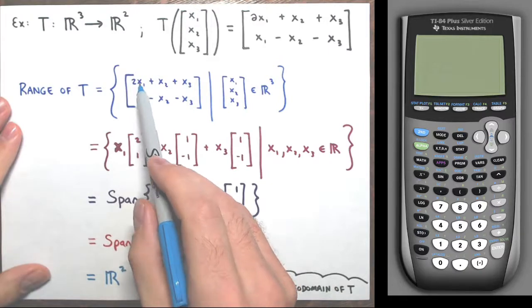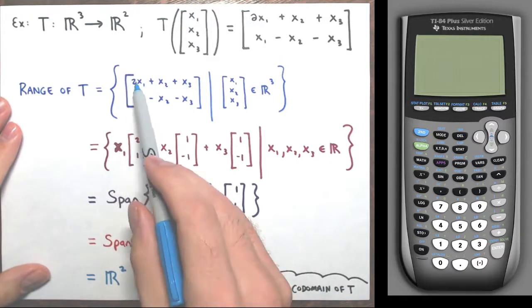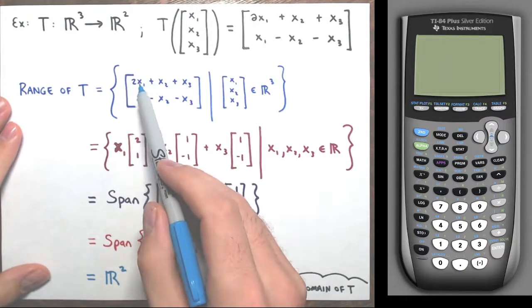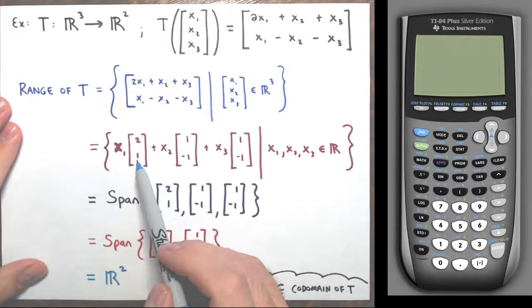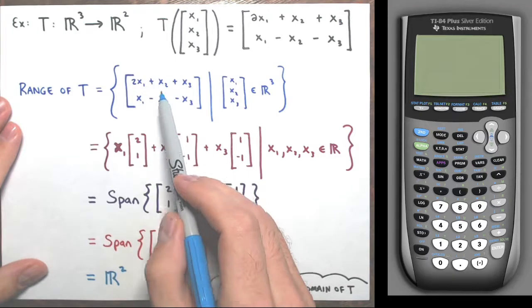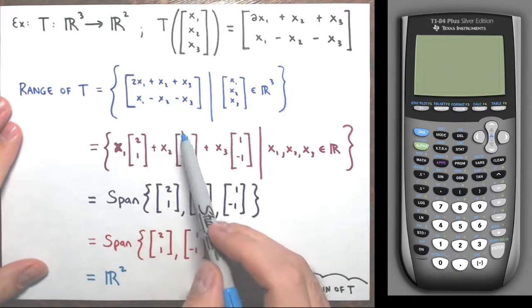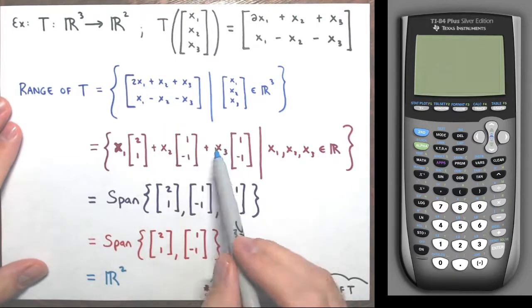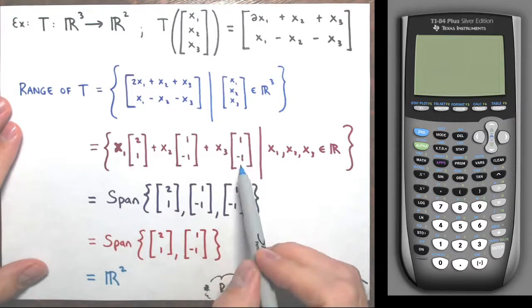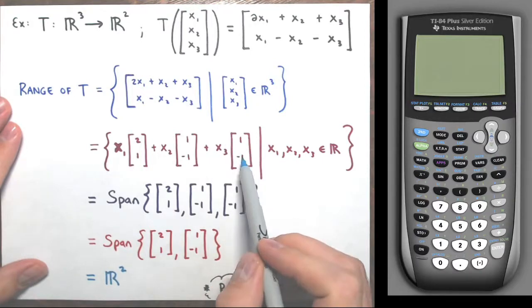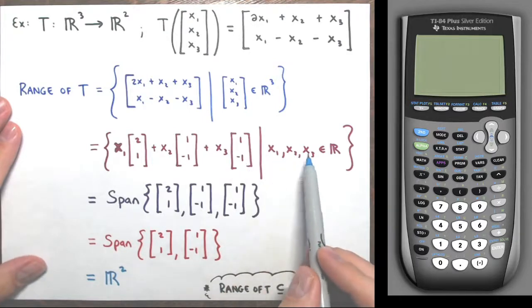I can split it up into x1 times the vector with the coefficients of x1, so real number x1 times vector (2, 1), plus real number x2 times vector (1, -1), the coefficients of x2, plus real number x3 times, again the coefficients of x3, the vector (1, -1), where x1, x2, x3 belong to the reals.